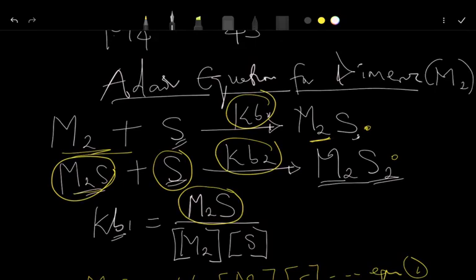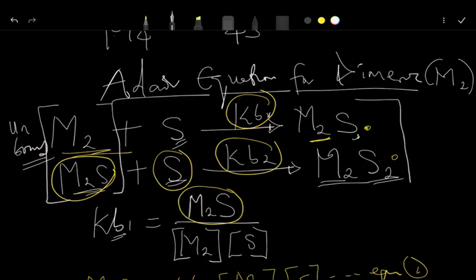The idea is, this side is the one that are unbound, so we usually call it what? Unbound. Okay, these are the unbound, meaning this one is our bound.